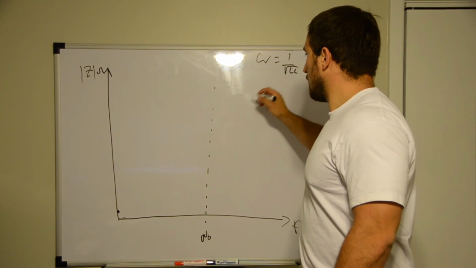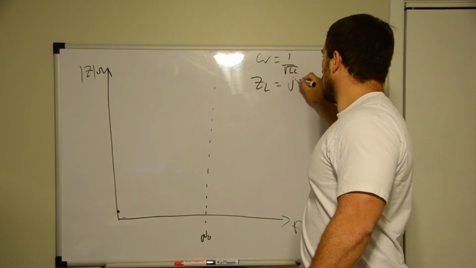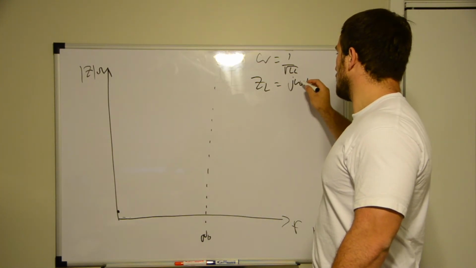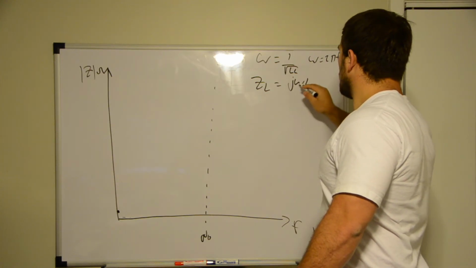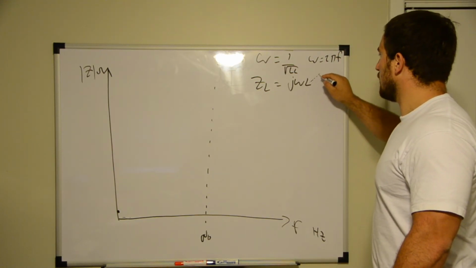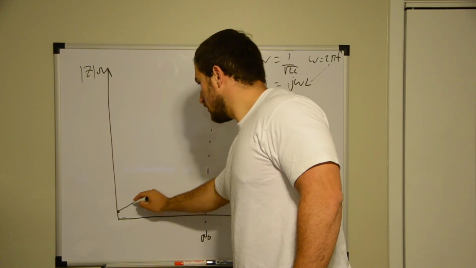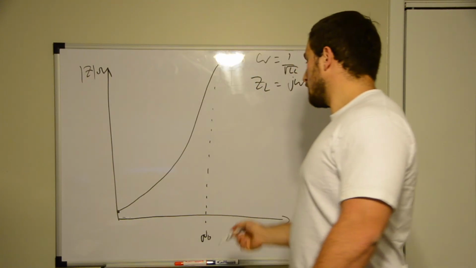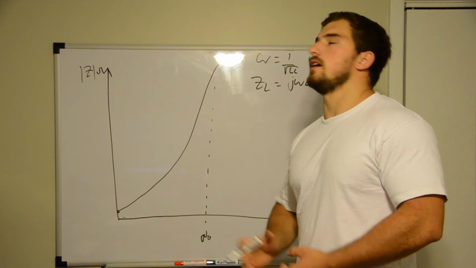We know that the impedance of the inductor equals j omega L, so as the frequency keeps increasing, omega, where omega equals 2 pi f, is going to keep getting bigger and bigger. So it's just going to go up, up, up, till it hits this turning point at omega naught where the inductor resonates.